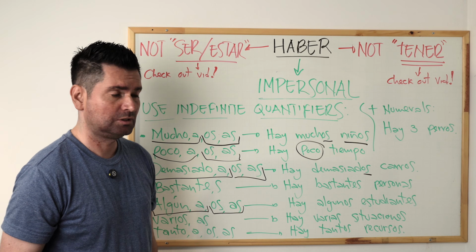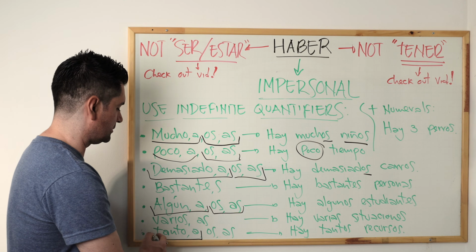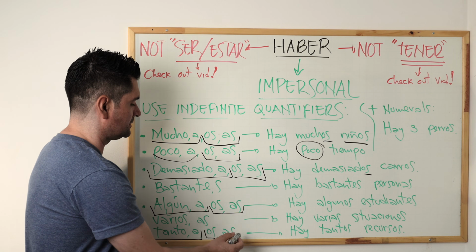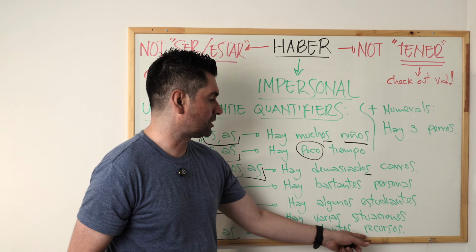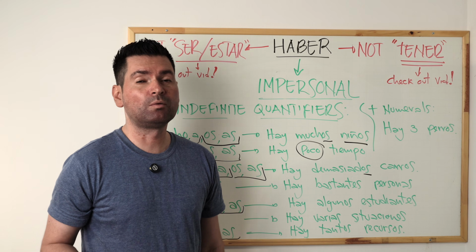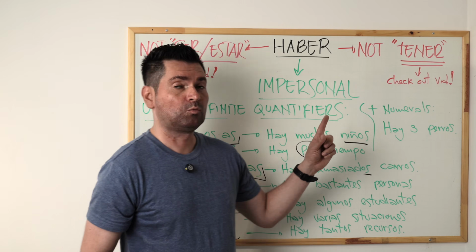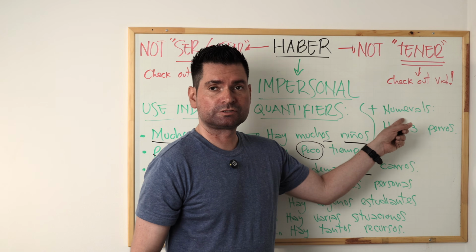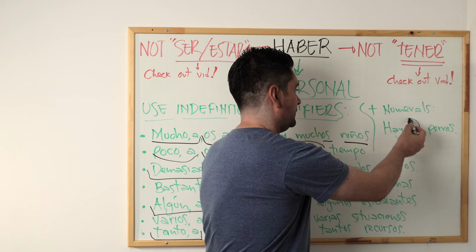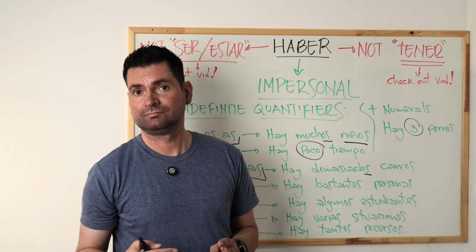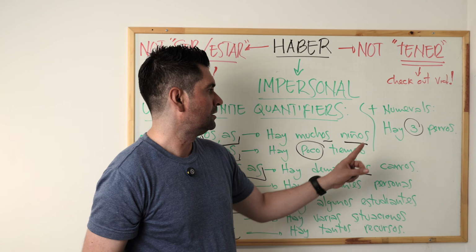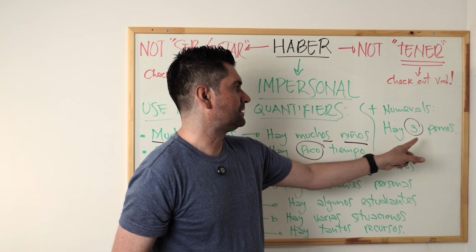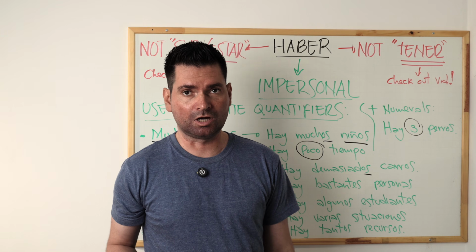As much, singular, uncountable. Tantos, tantas. As many, plural, countable. Hay tantos recursos. There are so many resources. One more. Numerals. If you use a number with hay, había, hubo, haber, or habrá, we use the singular form. Hay tres perros. There are 3 dogs.